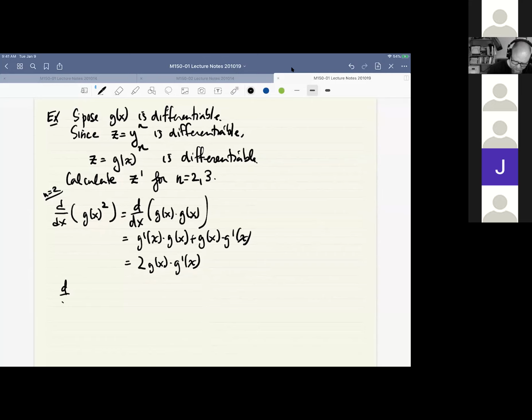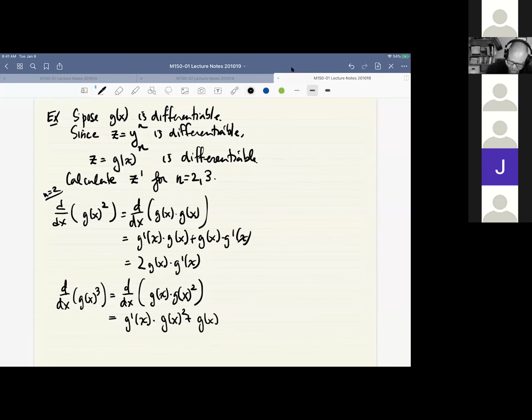Now let's do that for n equals 3. I'm going to write this as g of x times g of x squared, and use the product rule again. The product rule says the derivative of the product is the derivative of the first times the second plus the first times the derivative of the second.